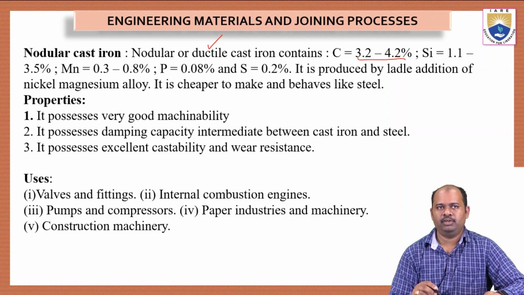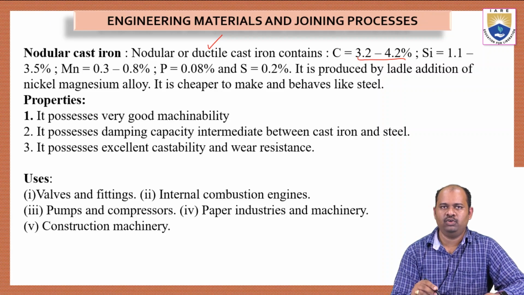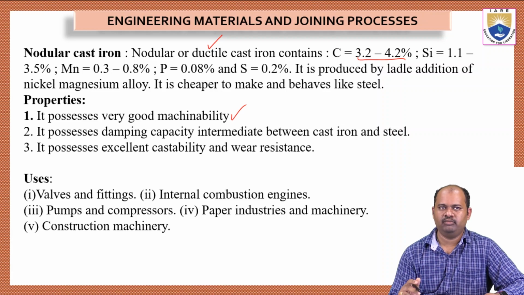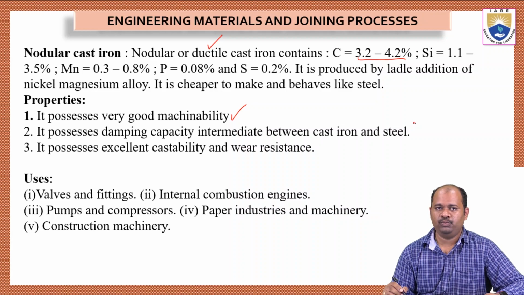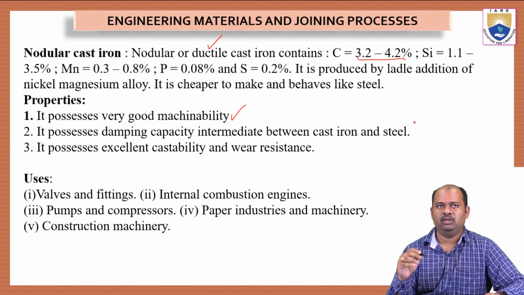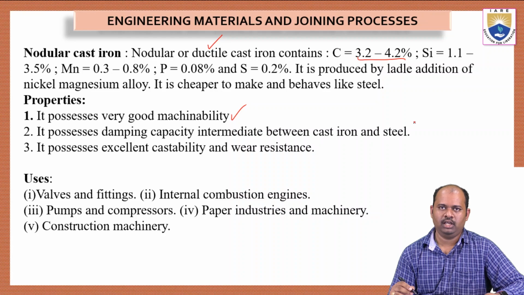Some important properties are, it has very good machinability. So this can be converted into required shape very easily by machining on any kind of lathe machine or drilling machines, etc. It possesses damping capacity intermediate between cast iron and steel. So the damping capacity of this nodular cast iron will stay between the cast iron and steel values.